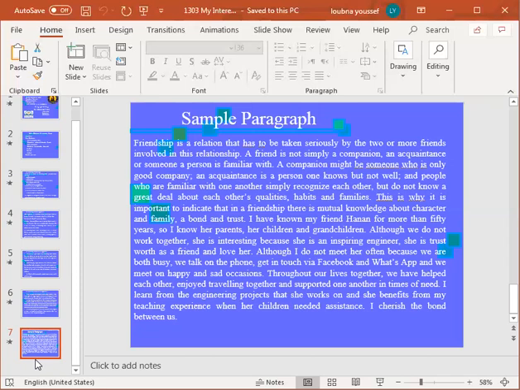Now, this writer wants to tell the reader that friendship cannot be taken lightly, that when you have a friend, you have to give your friend time, effort, energy, sincere advice. You have to trust your friend, and your friend has to trust you. So this is a good idea.